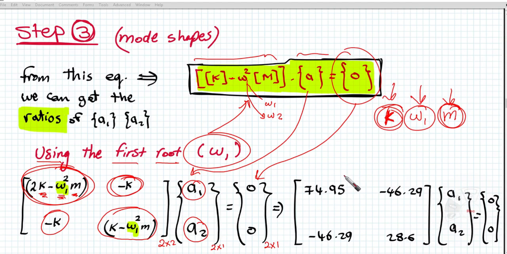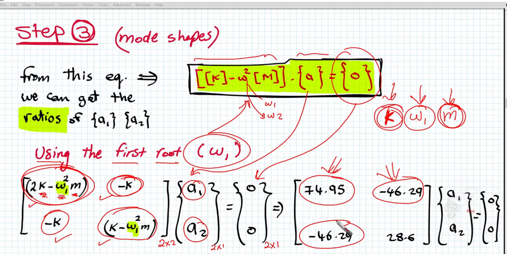Everything is known, so we can obtain these terms easily in the matrix. It is going to be numerically like this. Please verify these numbers by yourself. If there is any mistake, please comment on the video.